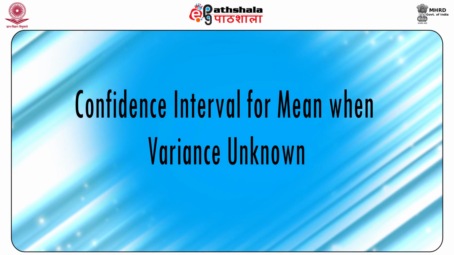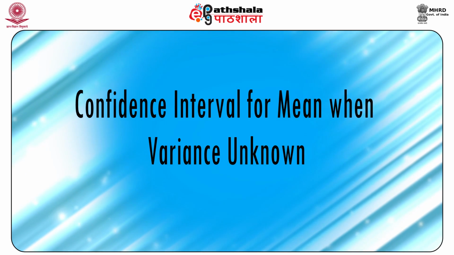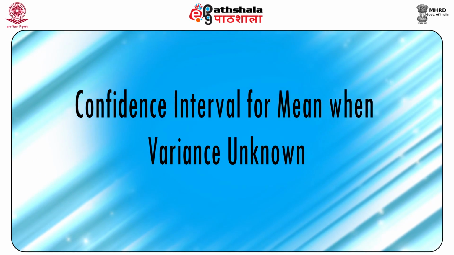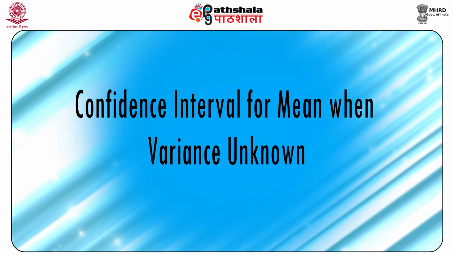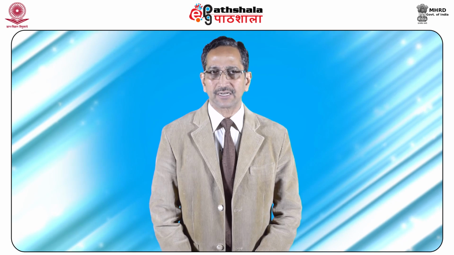Let us now try to understand the confidence interval for the mean when variance is unknown. Dear students, so far we have assumed that sigma, the population standard deviation, is known to us. Now we are trying to understand a situation where this is not known to us and we have to estimate it.